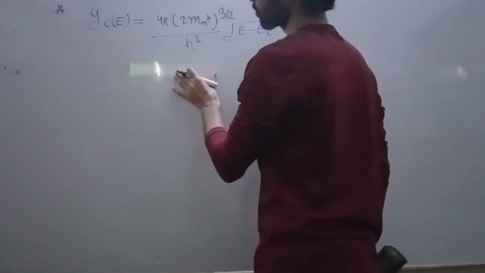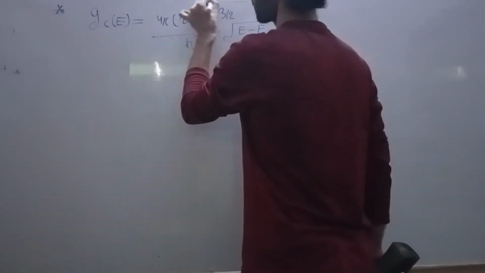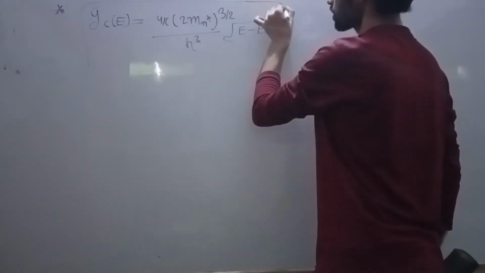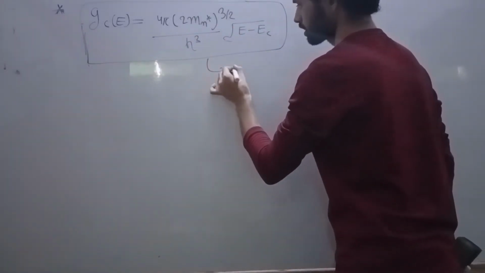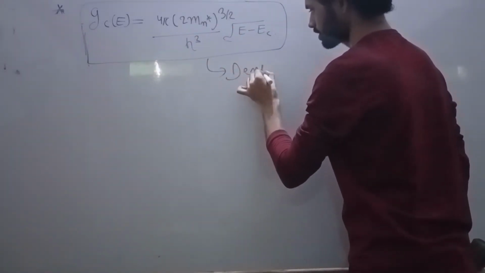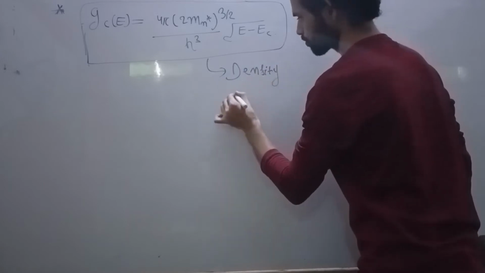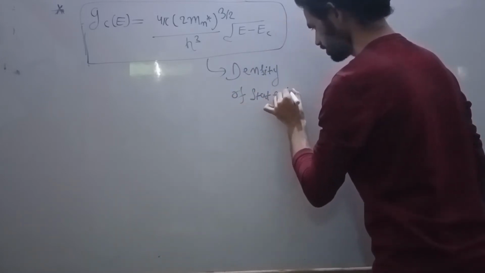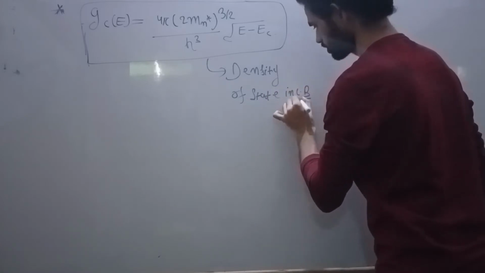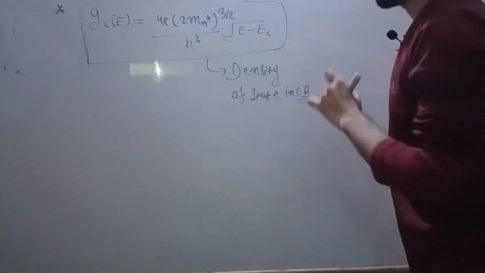This is the density of state in the conduction band.